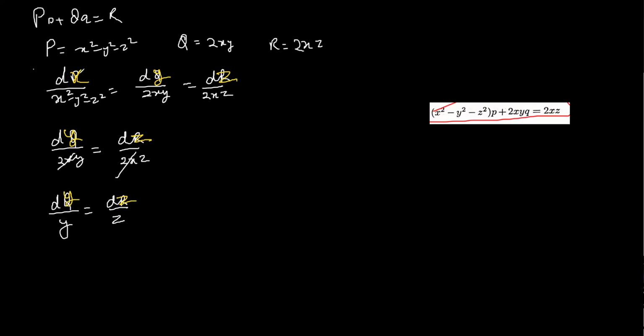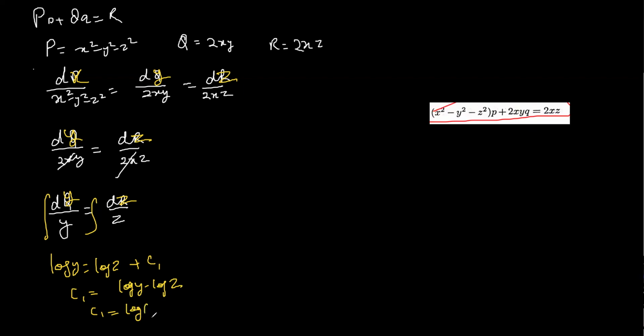This is x, y, z. I have written it. Now see, when you take integration, you'll get log y minus log z plus c. Let's suppose c1. What is c1? Log y minus log z, log y upon z, right?